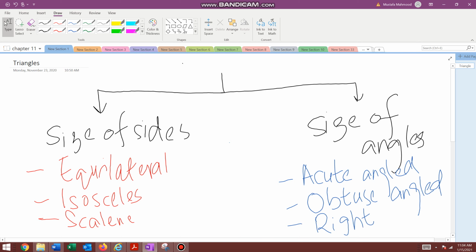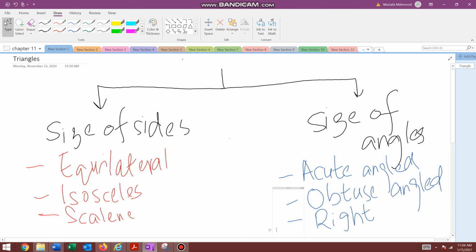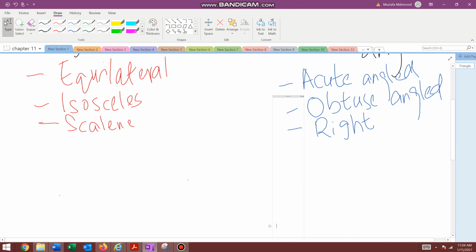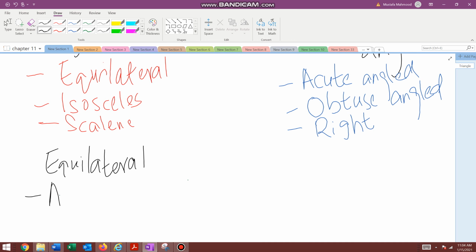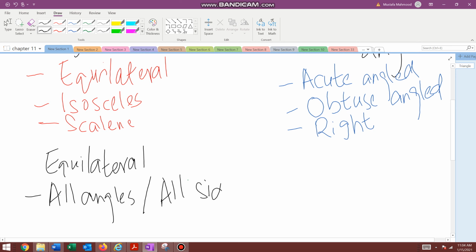Okay? Now the properties of each of these triangles: for equilateral triangles, all angles and all sides are equal.